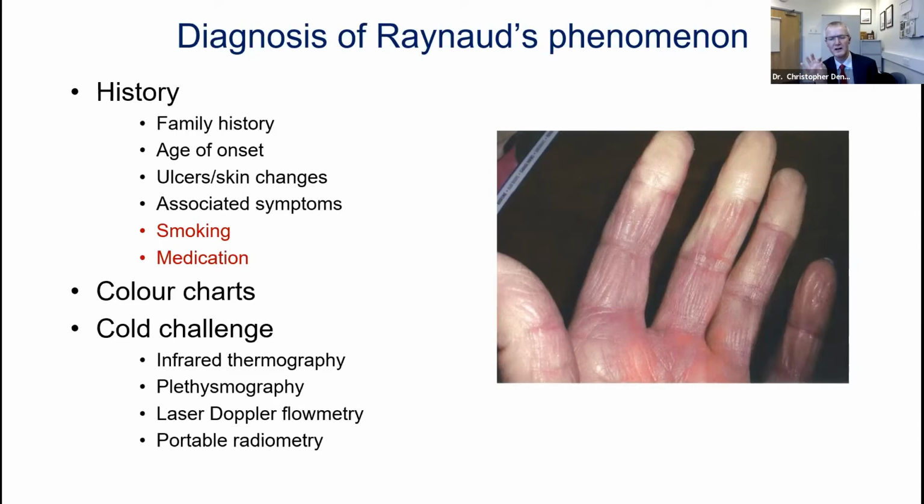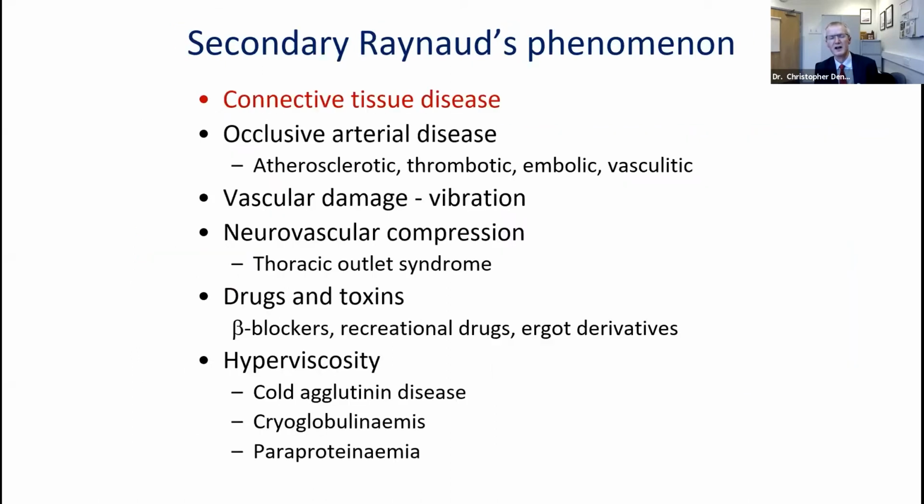And you can do a formal cold challenge to get a more objective measure of cold-induced changes in the peripheral circulation using infrared thermography, plethysmography, laser Doppler flowmetry, and even portable radiometry that measures more directly the temperature changes in the fingers.